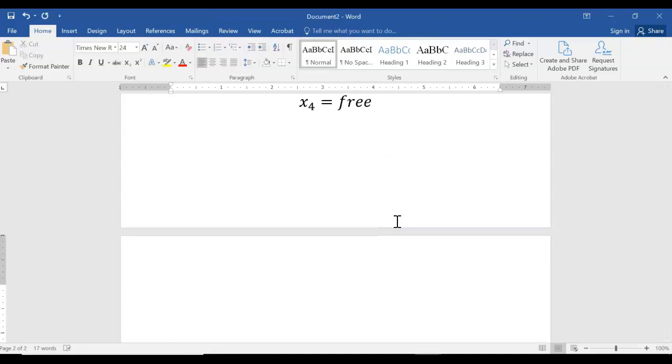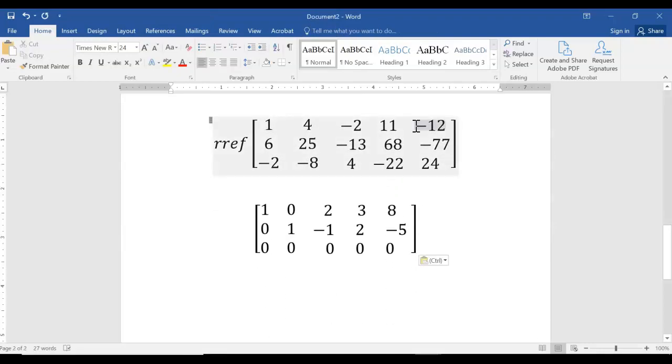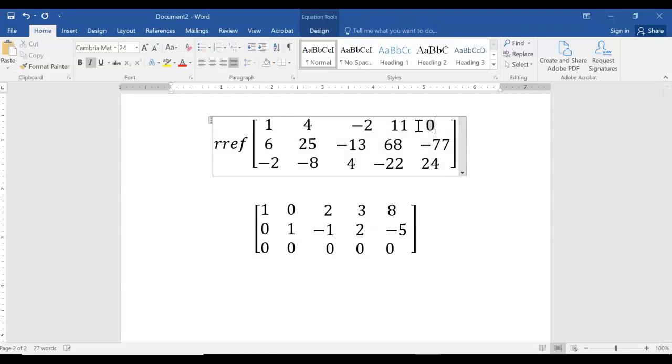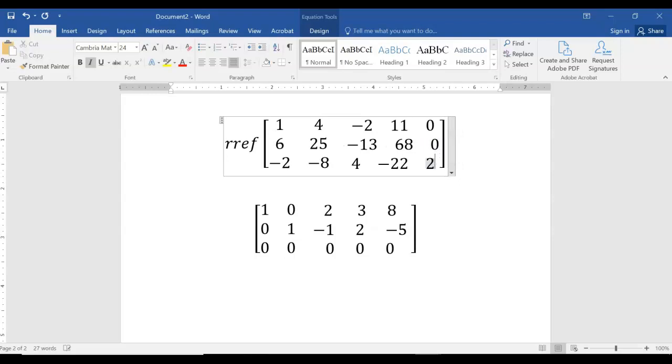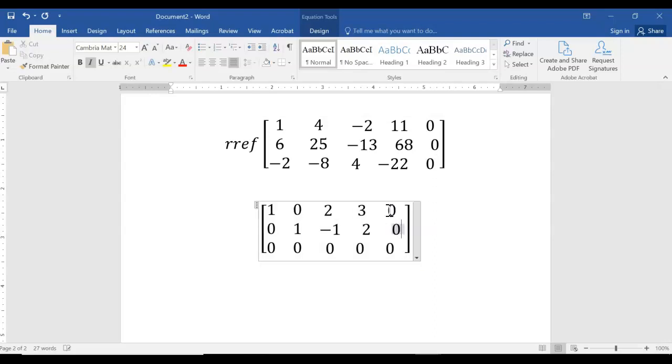Note what's going to happen here. Solving the homogeneous equation, this last entry is going to be a 0. Last entry is going to be a 0. Last entry is going to be a 0. And then, because this is a linear combination of zeros, when you row reduce that, the last column just stays as zeros. Okay? They're a little misaligned here because some of the negative signs skewed things.